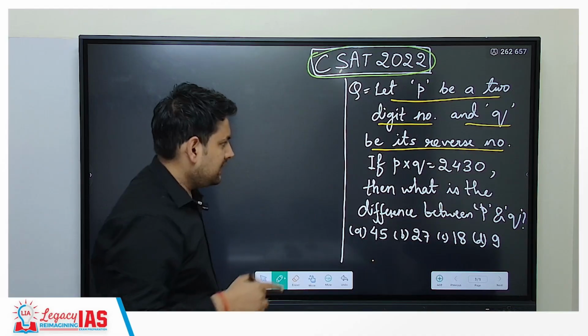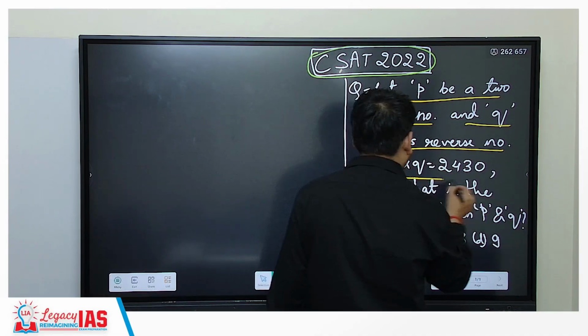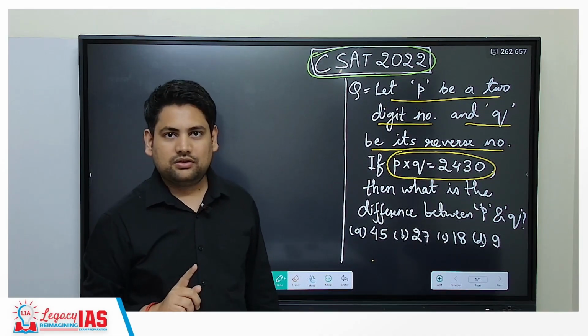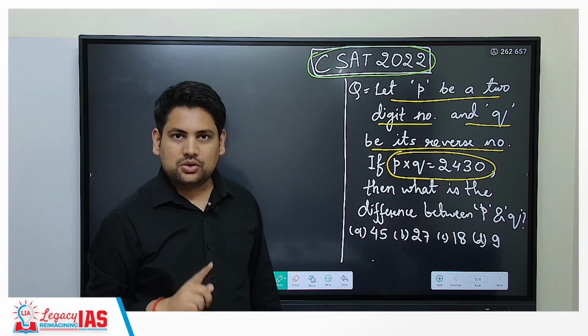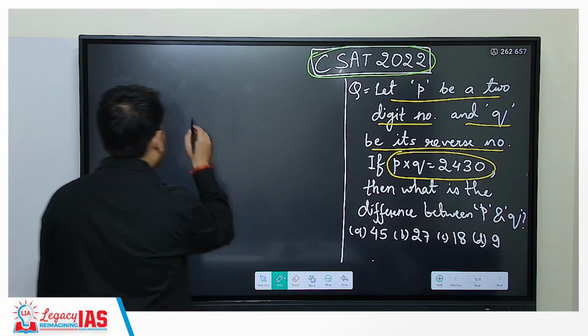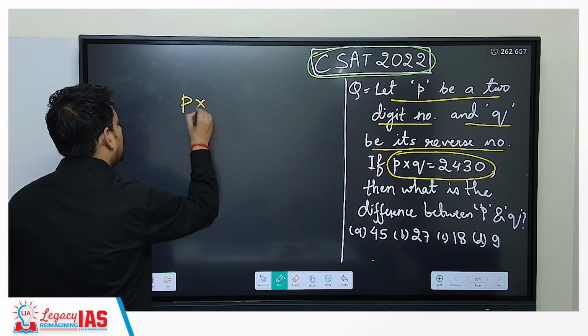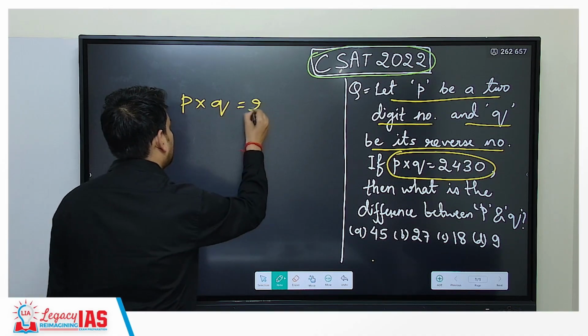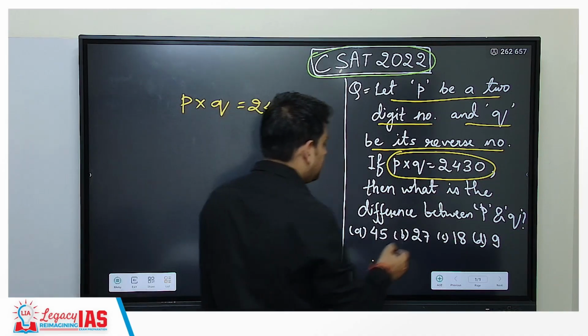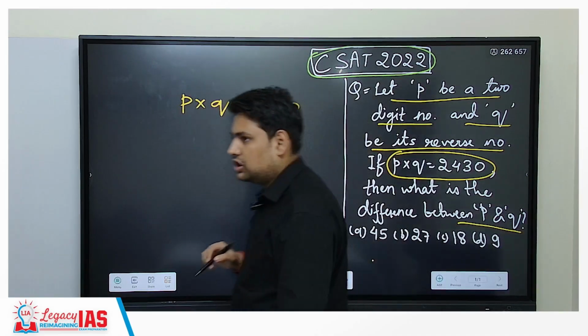The question says that the product of P and Q is 2430. Correct? The product is 2430. So P into Q is 2430. Now what we need to find? We need to find the difference between P and Q.